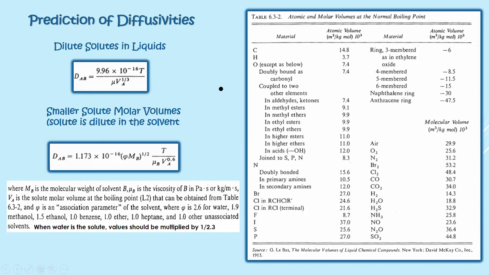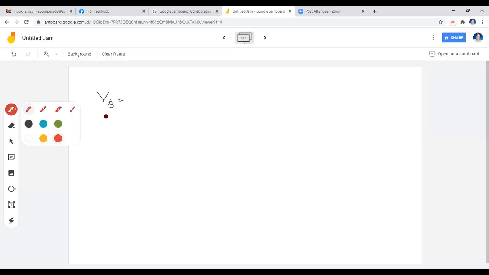So in the case of acetone, I'll write here the formula. Your formula for acetone is CH3COCH3.